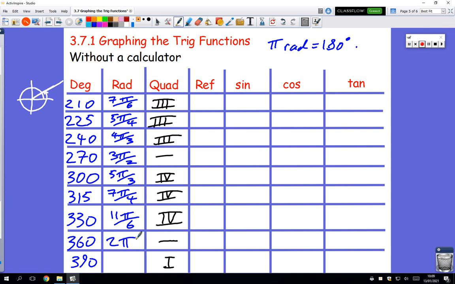And then 390 is 13 lots of 30, so 13 pi over 6. So that's what your table of values looks like so far.